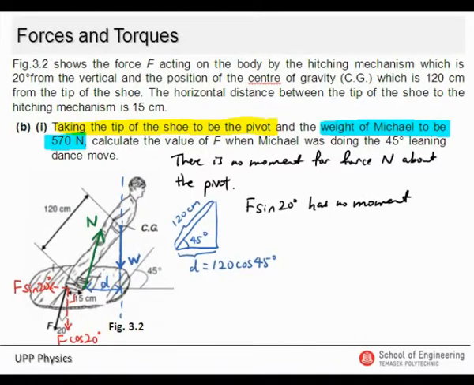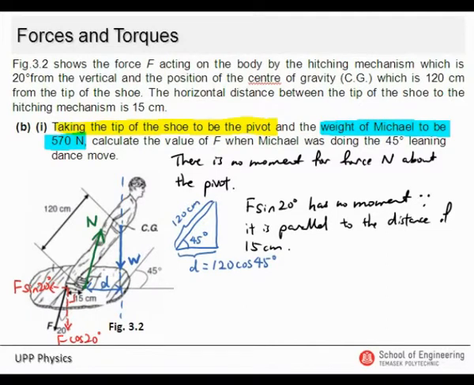Right? The horizontal component has no moment because it is parallel to the distance of 15 cm. Remember, moment is calculated by multiplying the force and its perpendicular distance from the pivot.